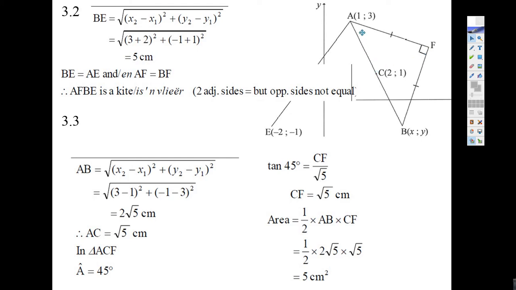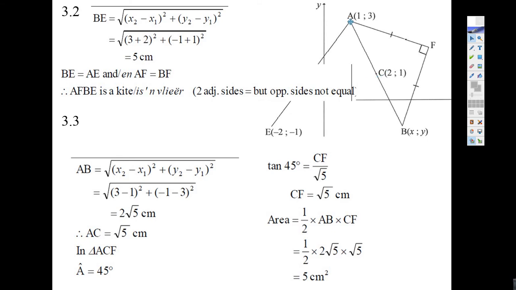We can go the tangent of 45 degrees equals CF, opposite, over adjacent, which is root 5. So CF over root 5. Hey, but the tangent of 45 degrees, isn't that just 1? In fact, it is. So CF must be equal to root 5.